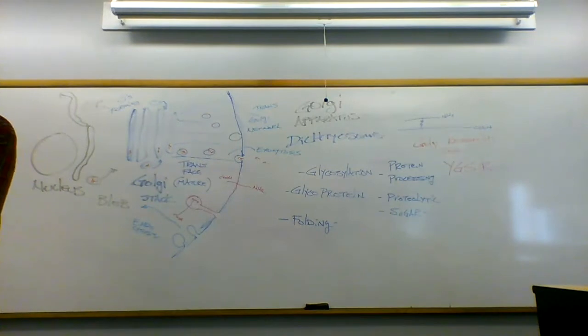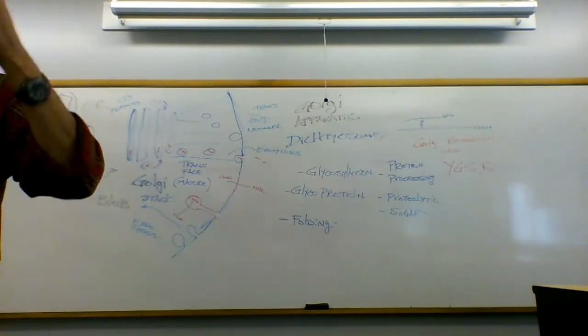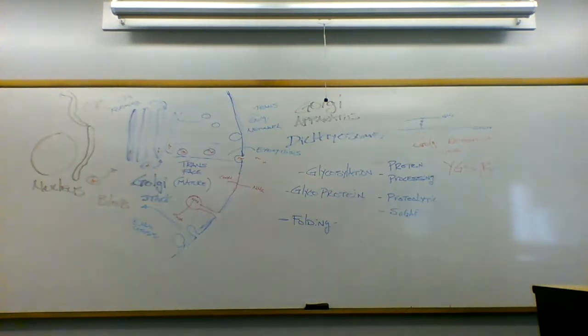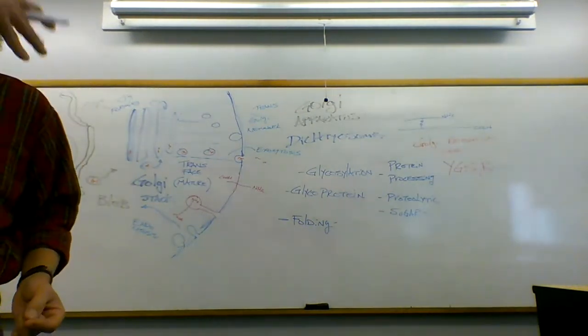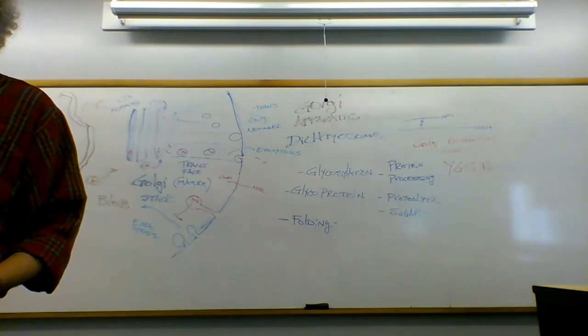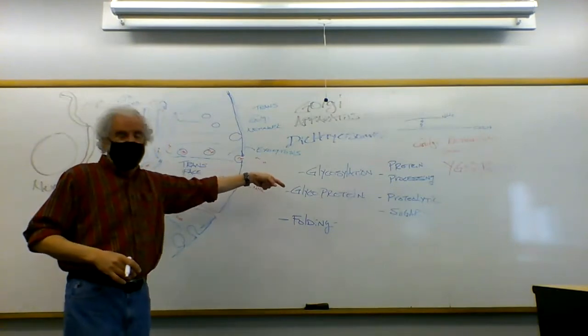This is a critical topological issue in that we can always remember and depend the lumen of the ER, the lumen of the Golgi, the inside of a vesicle, is contiguous, essentially, with the outside external environment. That's the face that gets stuck outside.